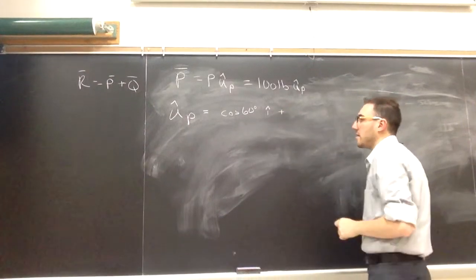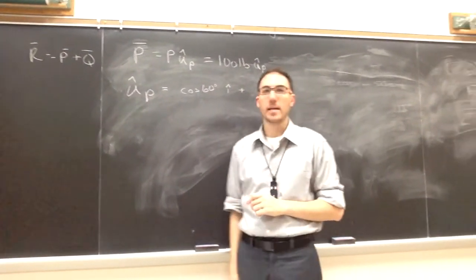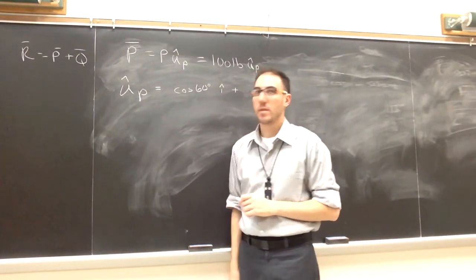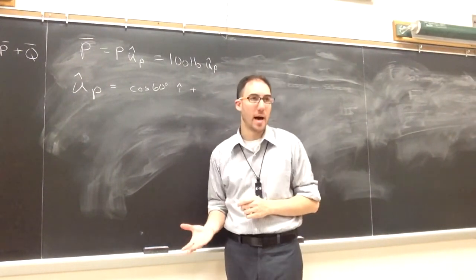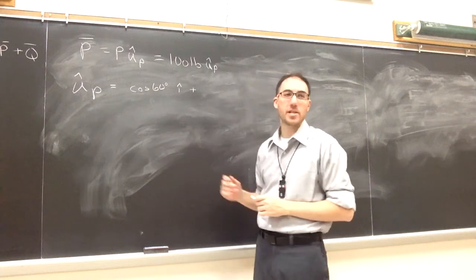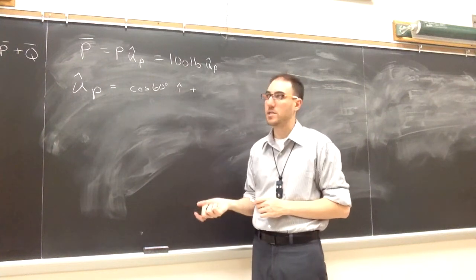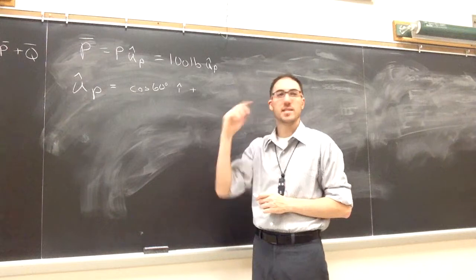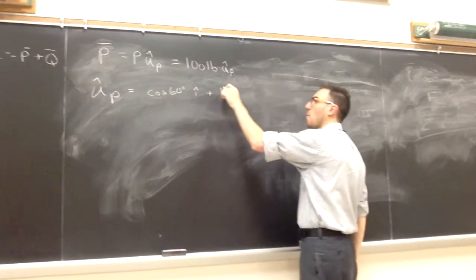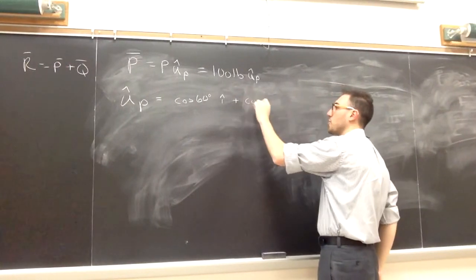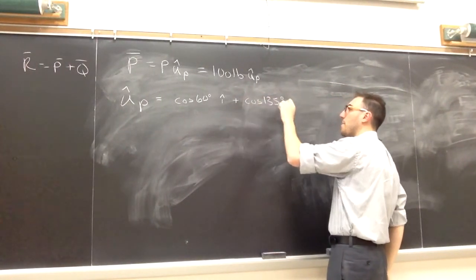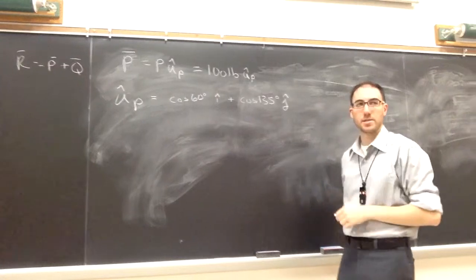We add to that the cosine of the angle it makes with the positive y-axis. In this case, we're told that it makes a 45-degree angle with the negative y-axis. But for this, we need to know what it makes with the positive y-axis. In that case, we want to use the supplement of 45, or 135. So it makes a 135-degree angle with the positive y-axis.